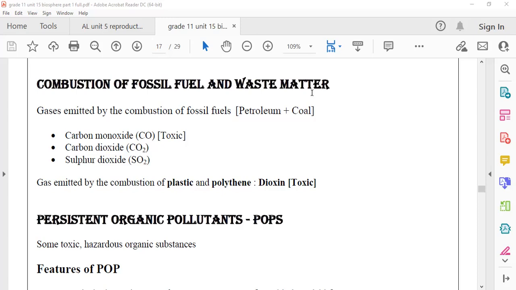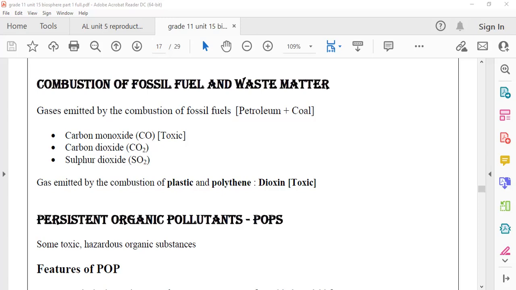Burning plastic and polythene materials can release a powerful toxic gas called dioxin, right? Dioxin is a toxic gas. Like carbon monoxide, it can be easily inhaled and is highly toxic.